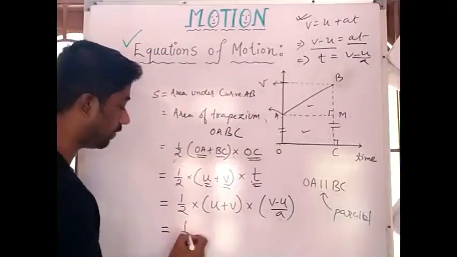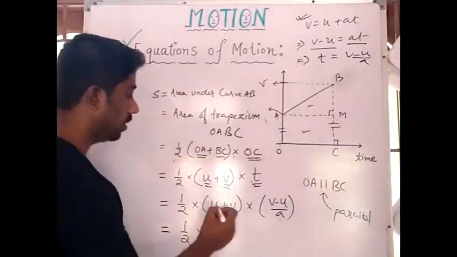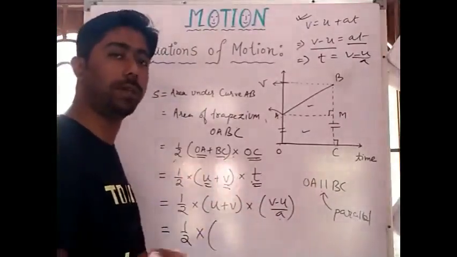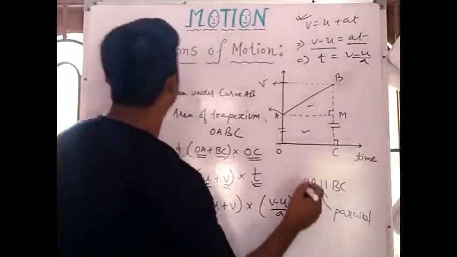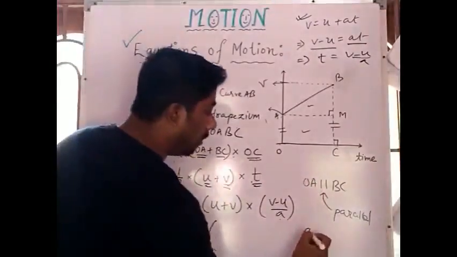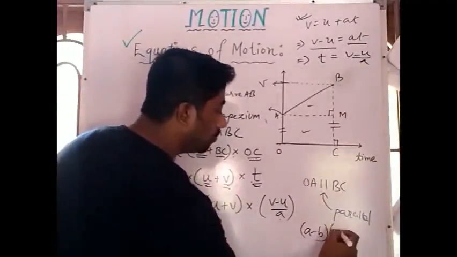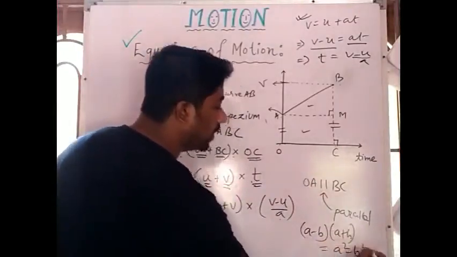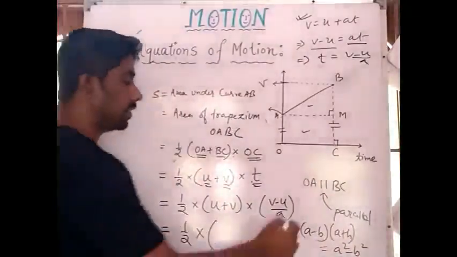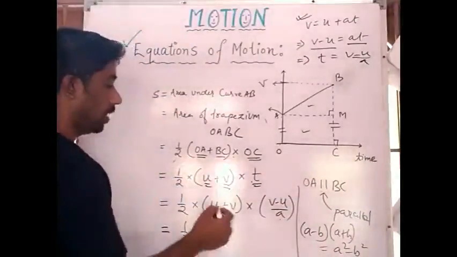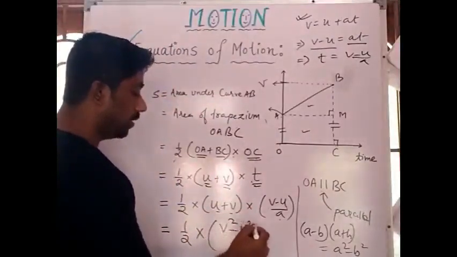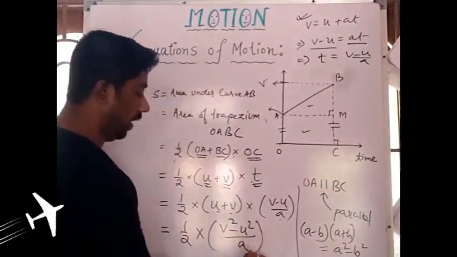that it is equal to half u plus v, v minus u, divided by a. So it is basically the a minus b into a plus b formula: a minus b into a plus b is equal to a square minus b square. This formula we will use here. u plus v into v minus u, we are getting v square minus u square divided by a.